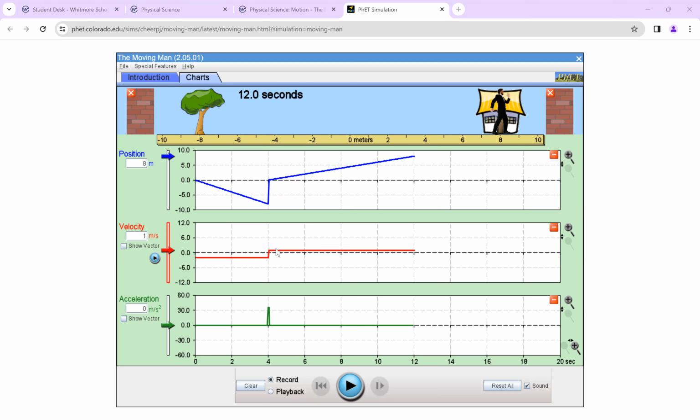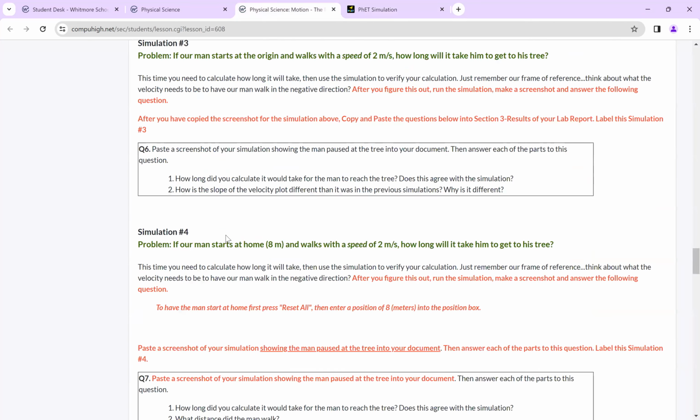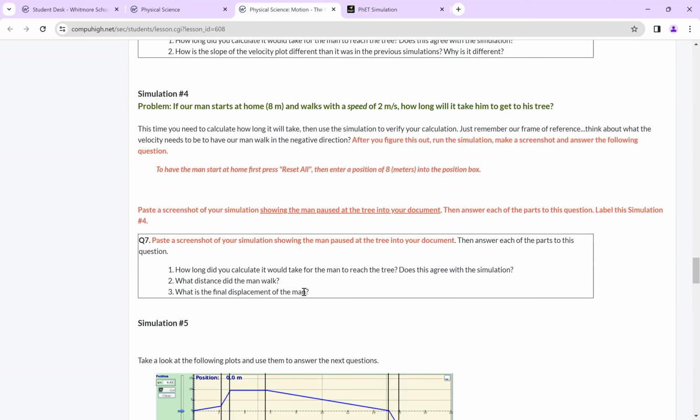Now when the man is moving right, what is the velocity, positive or negative? Positive. All right, so that answers the questions there. Any thoughts or questions on that? Nope.